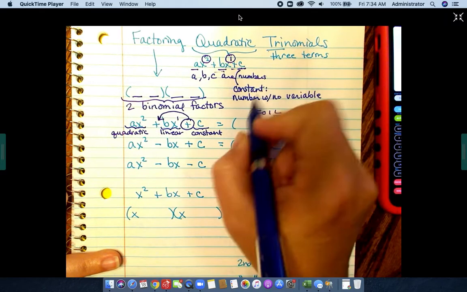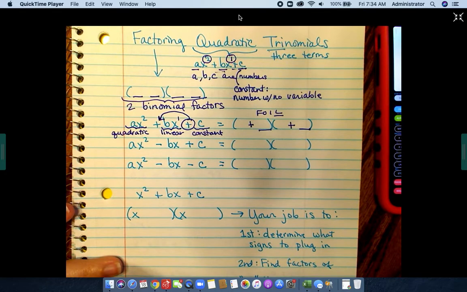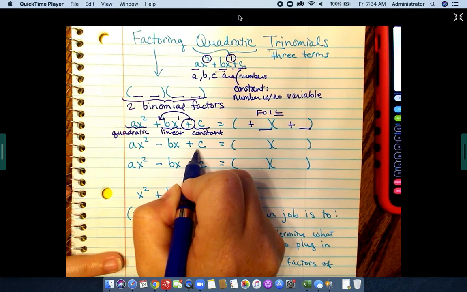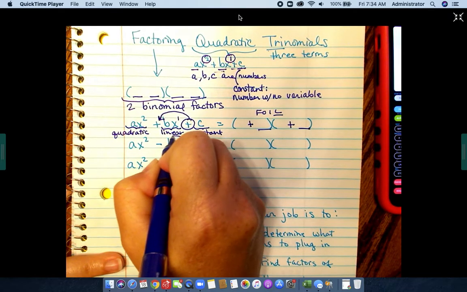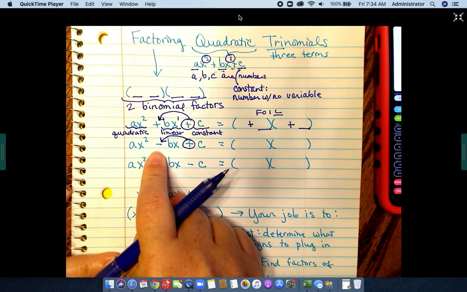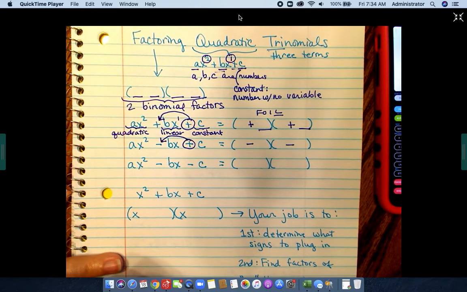If it is positive, I'm going to plug in my signs as plus, plus. Next, again, I have a constant positive term, so I'm going to look to my linear term. If my linear term is negative, my signs will be minus, minus.